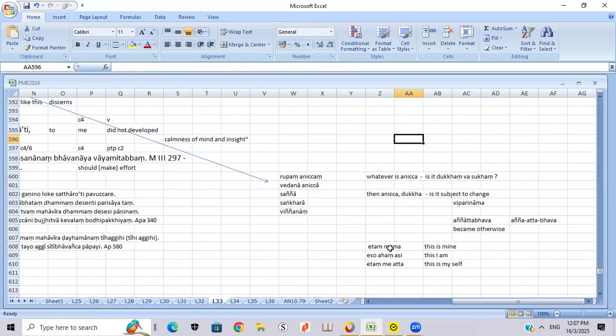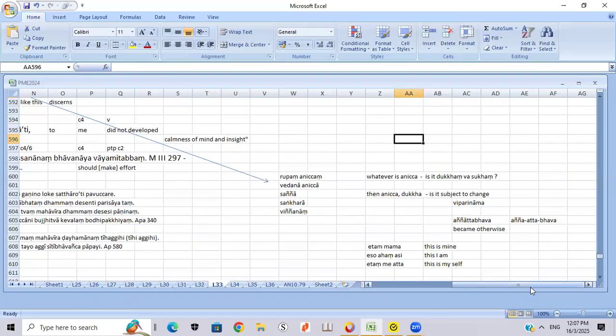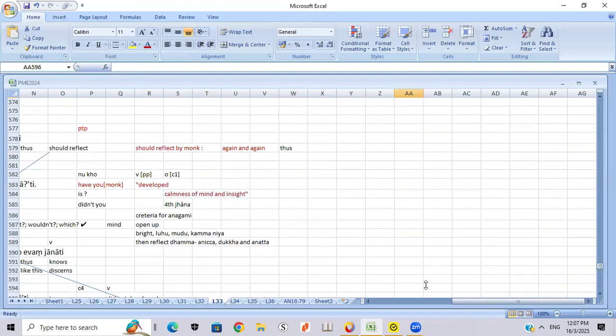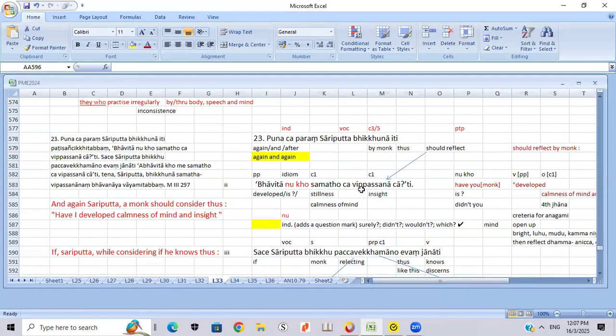So these are the reflections you can do. You can find a little portion of this in the sutta, but people can read through without knowing what the Buddha is talking about. So you refer to this. This is the line. That's why we translated it.